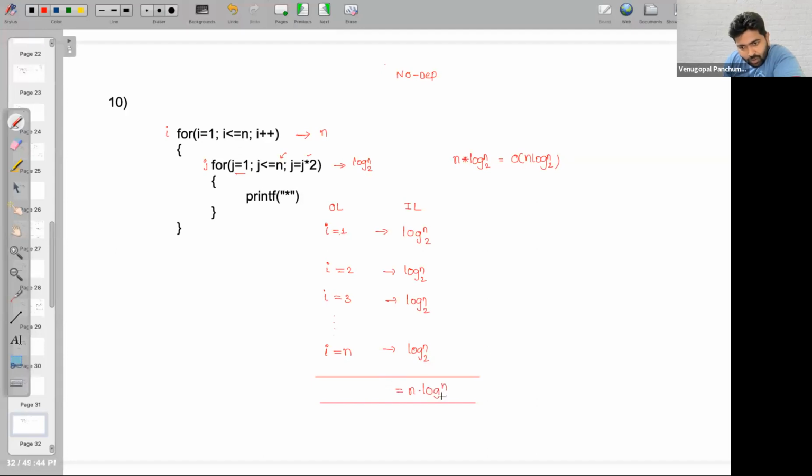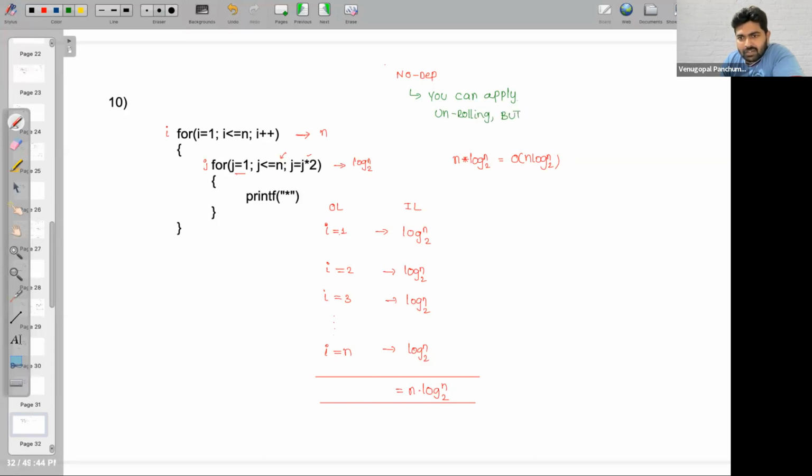So I hope it is clear, friends. You can apply unrolling, even in the no dependency case, but it is not required. I hope, are you getting it now? In the no dependency case also, you can apply unrolling, but it is not required.